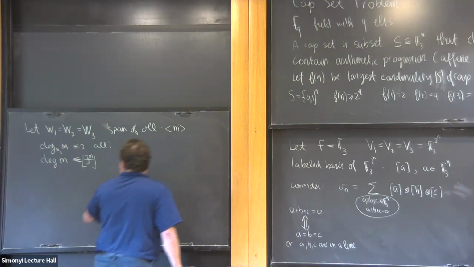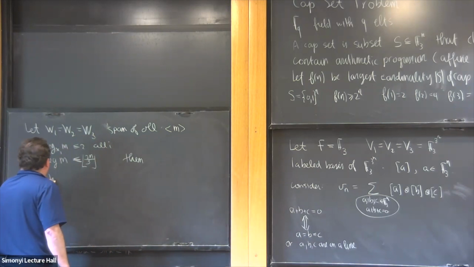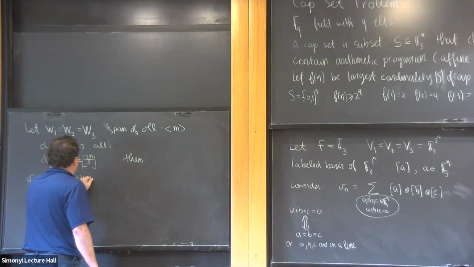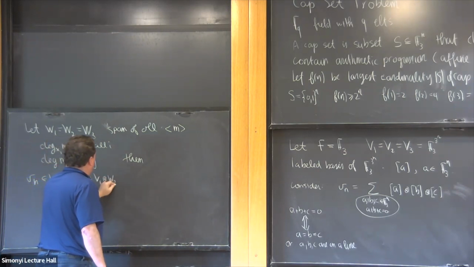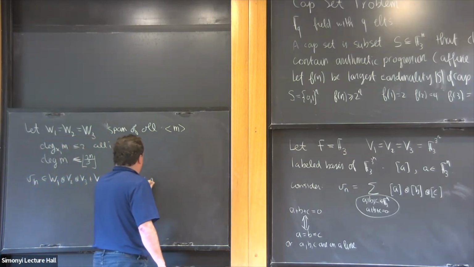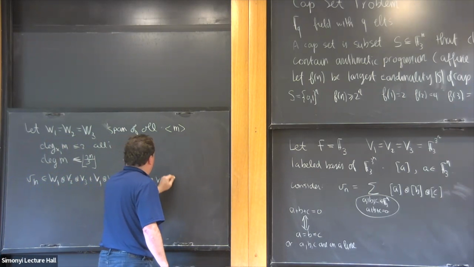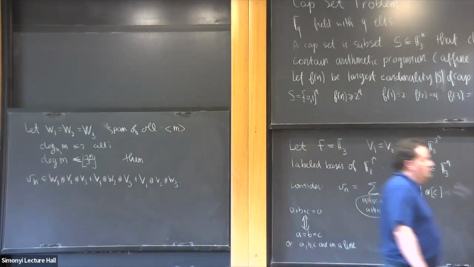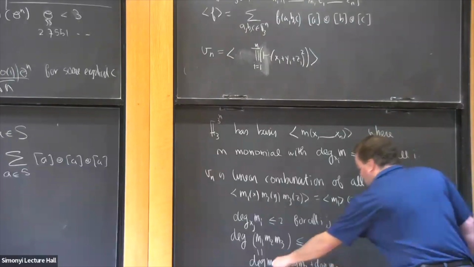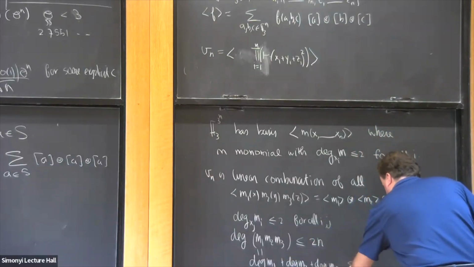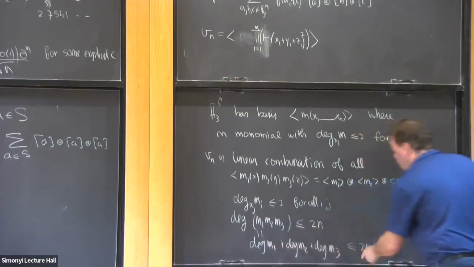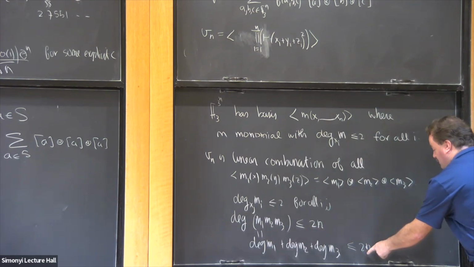Then we see that Vn lies in W1 tensor V2 tensor V3 plus V1 tensor W2 tensor V3 plus V1 tensor V2 tensor W3. Because if the sum of the degrees is less than or equal to 2n, then one of these monomials has degree at most 2n/3.